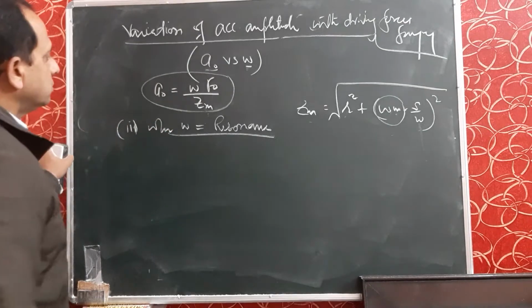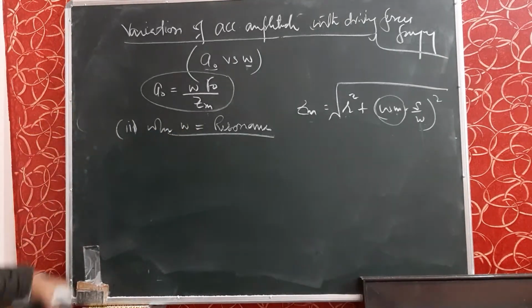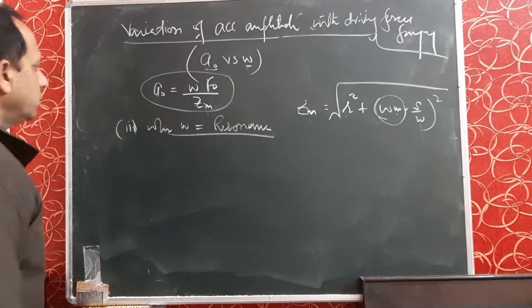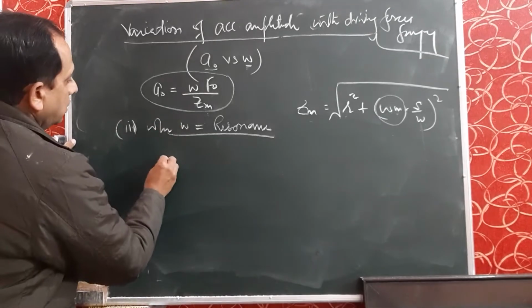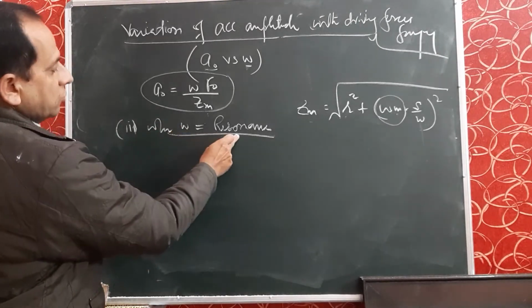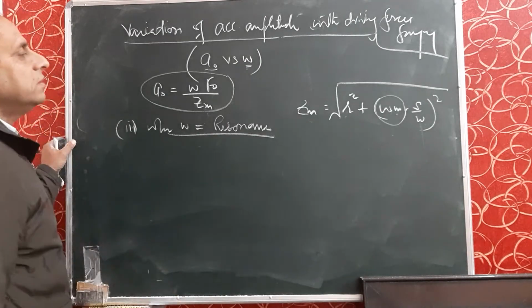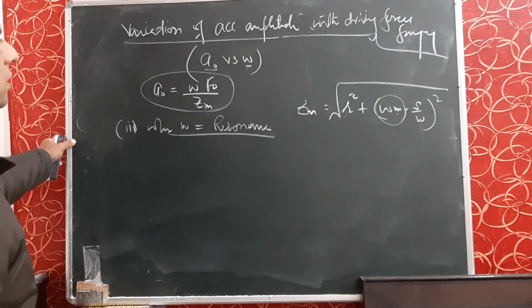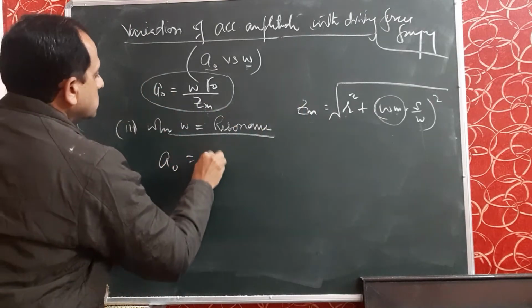What is resonance? We will apply the same approach as we used in the expression of displacement x. When omega is at resonance, it means the circuit is at resonance, that is, the value of a naught is maximum.